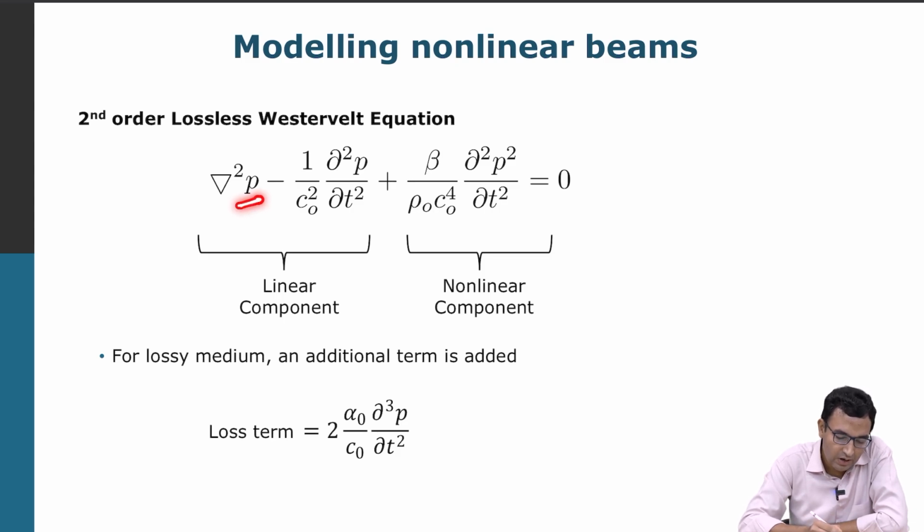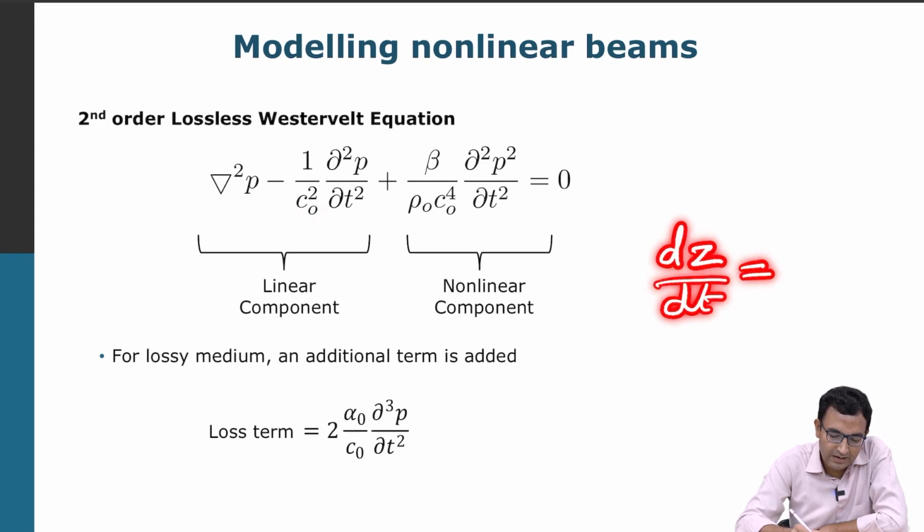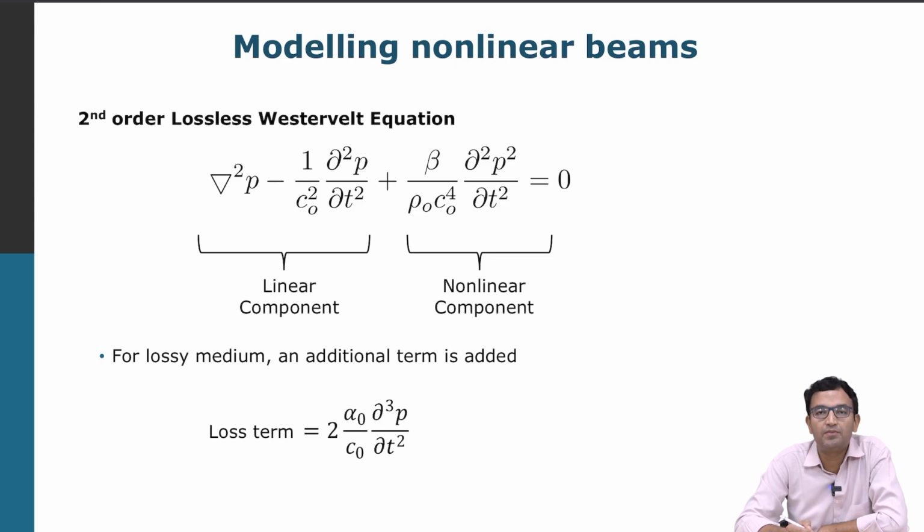P is the pressure, the instantaneous pressure. C naught is, if you remember, we had written dz by dt equal to C naught plus beta u. If you remember this equation, that's the beta term there and that's the C naught term, and rho naught is the equilibrium density.